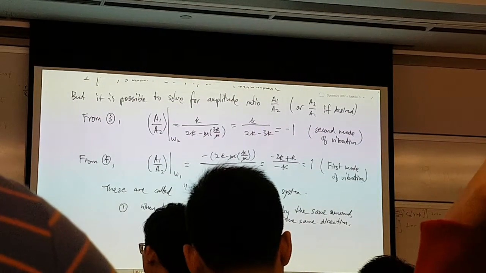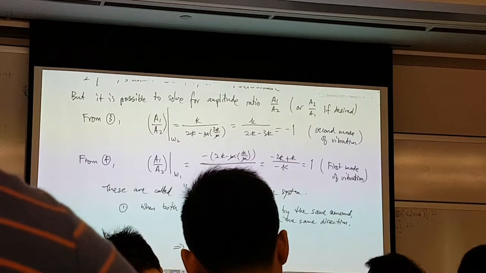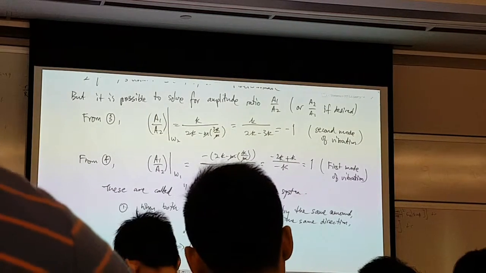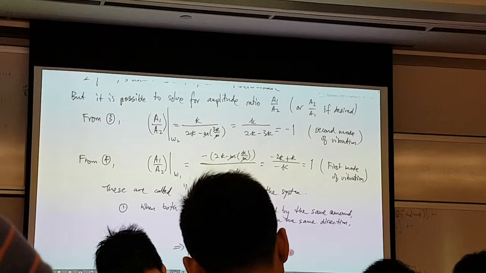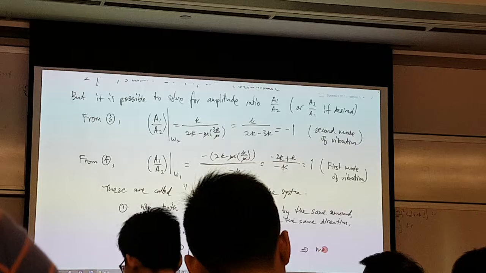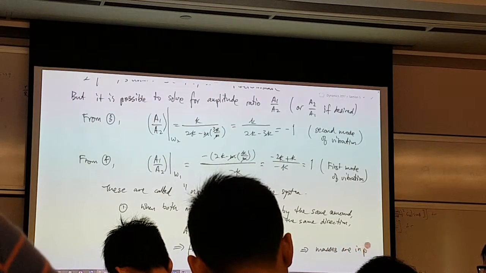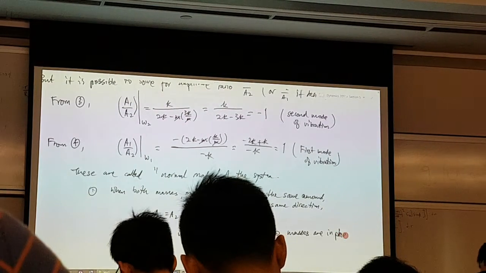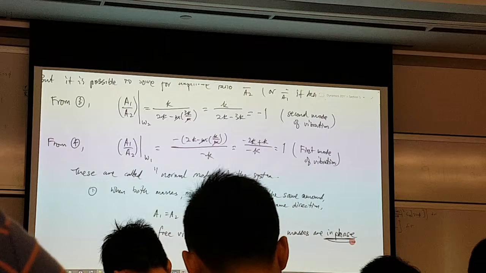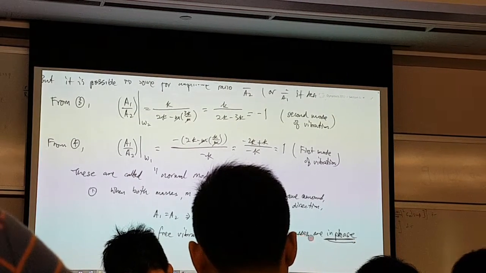In this case, we call it the free vibration will be at omega 1. That means the masses are in phase. This part here, if the amplitude ratio is equal to 1, that means the masses are in phase.